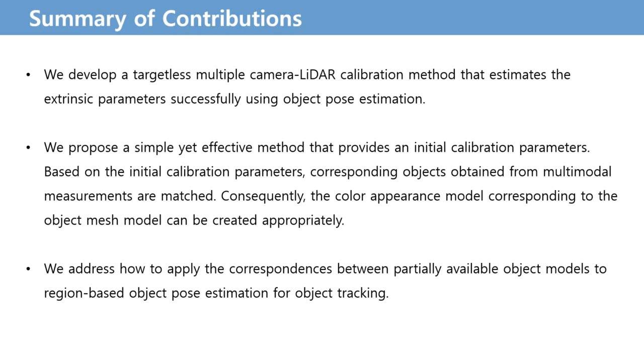Based on the initial calibration parameters, corresponding objects obtained from multimodal measurement are matched. Consequently, the color appearance model corresponding to the object mesh model can be created appropriately. We address how to apply the correspondence between partially available object models to region-based object pose estimation for object tracking.